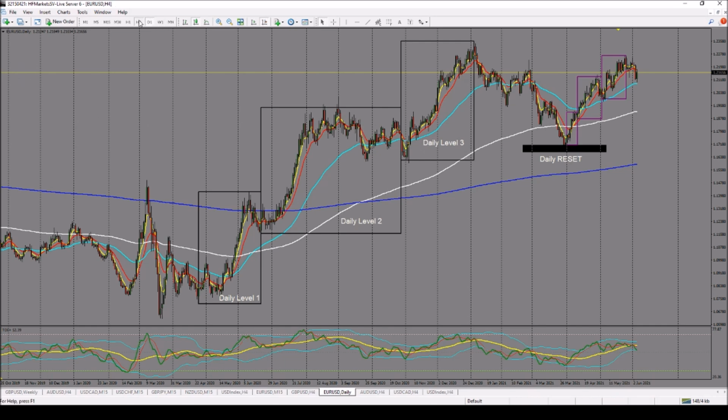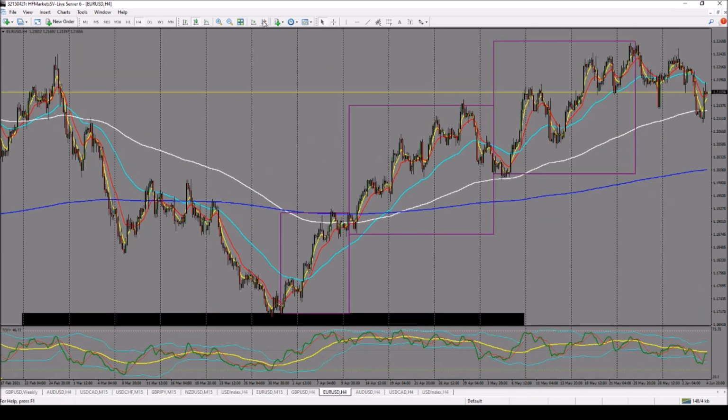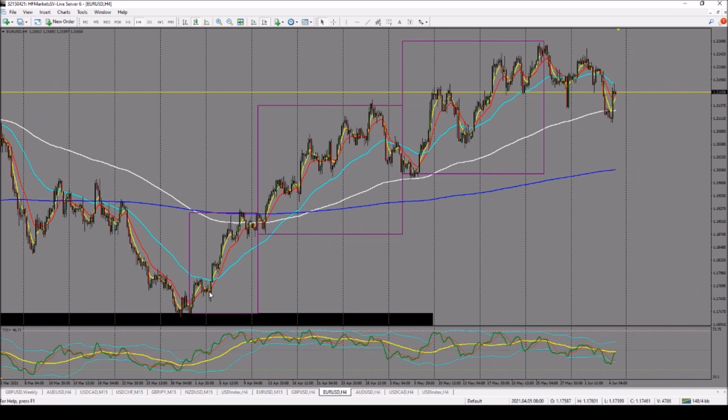Going on the H4 time frame, we can see that the cycle on the H4 time frame is now complete. We had 1, 2, and then the last one. And at this point, we were issued the reset. This is the H4 reset, and as always, we might see this move in the upcoming week going up, either with a retracement or straight away. The whole point will be to look for buying setups in euro against dollar.